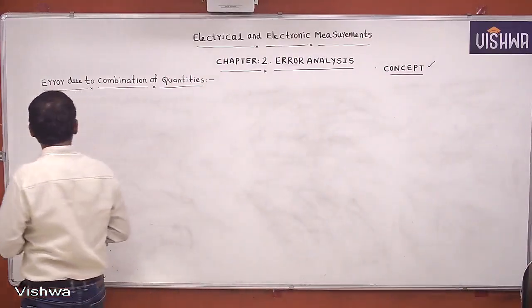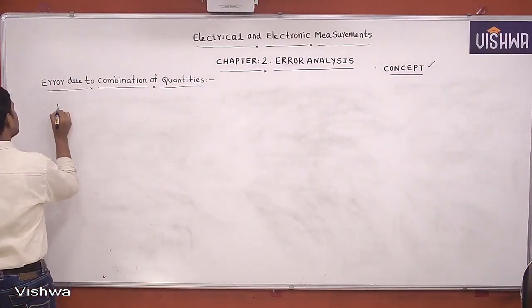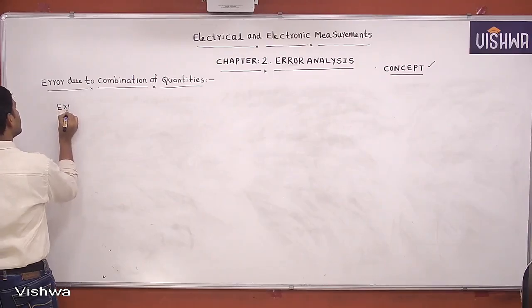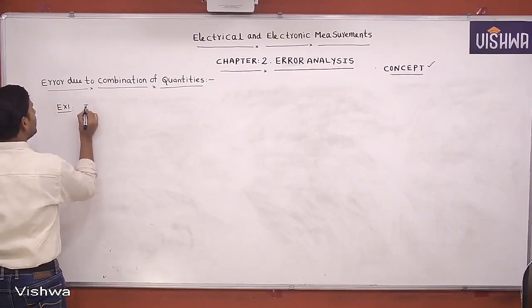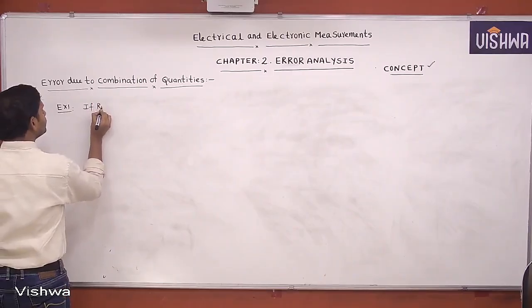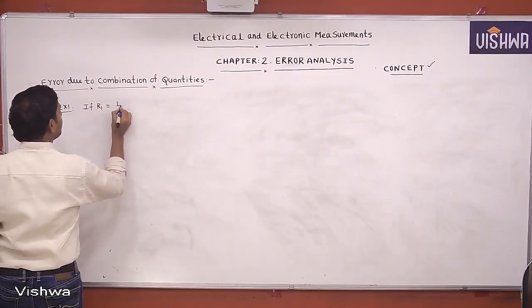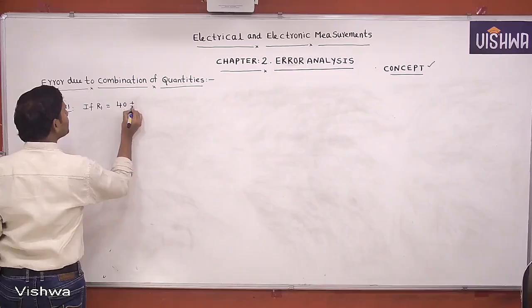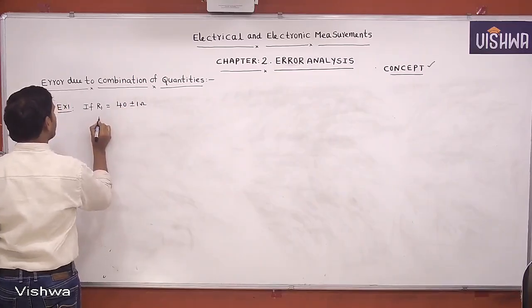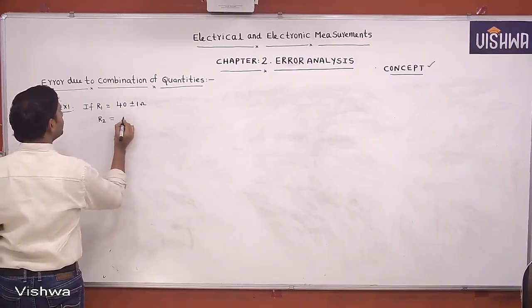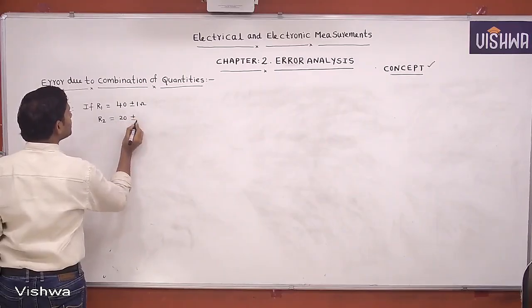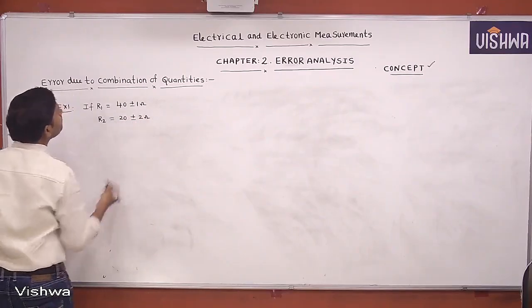See the one example. If R1 equal to 40 plus or minus 1 ohm, R2 equal to 20 plus or minus 2 ohms.